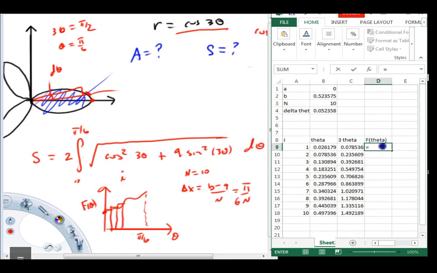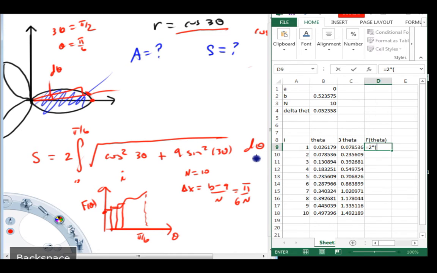Now I'll go ahead and do my f of theta, which is equal to, I look over here, I need that 2, so 2 times, open a parenthesis, cosine squared of 3 theta.